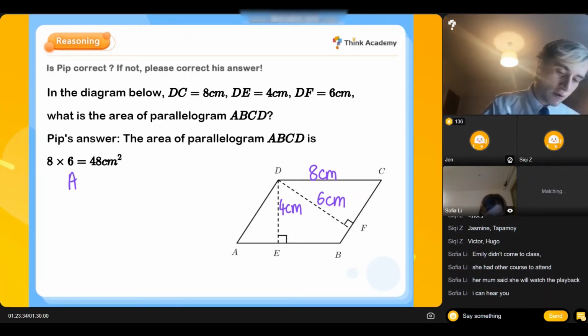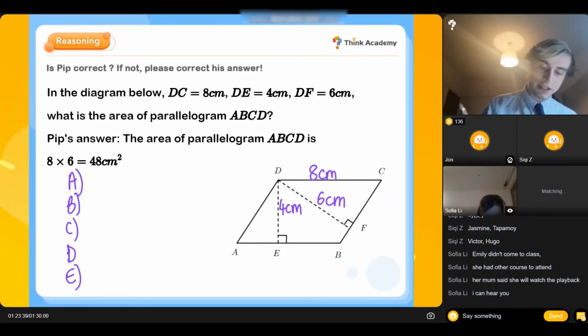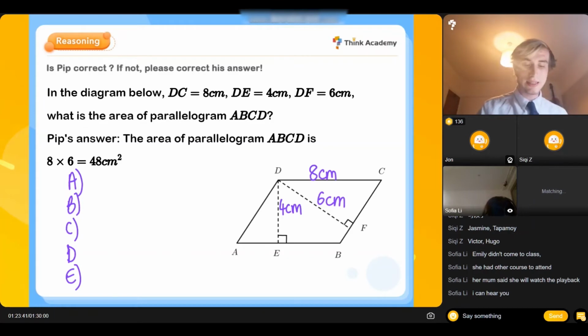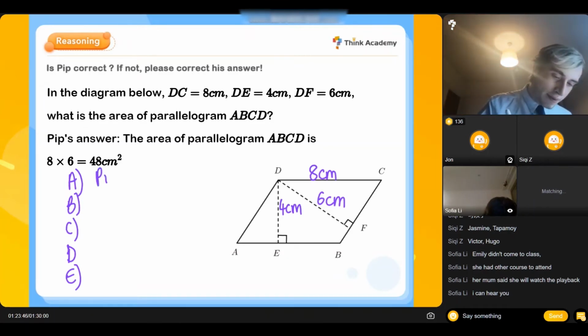So let's give you a vote. We're going to have 5 options today. I'm going to leave the chat box, but no sharing of answers, please. I want to see how everybody's understanding. Let's have Pip is right today. Do we think Pip has finally got one right?